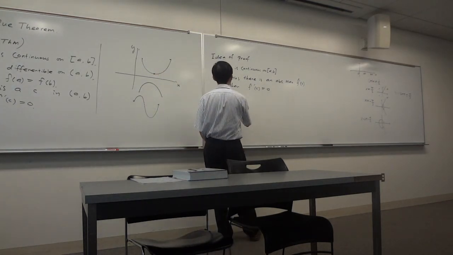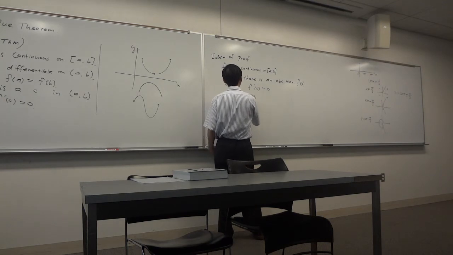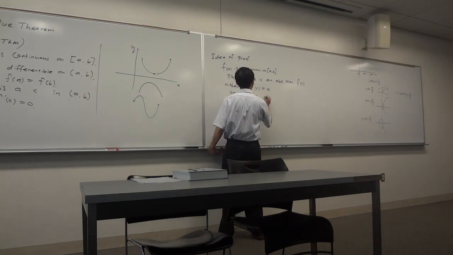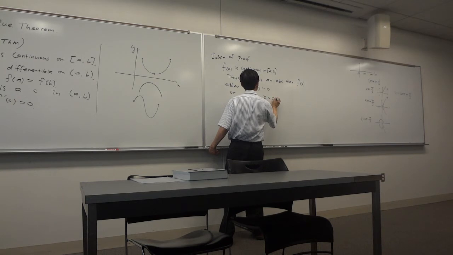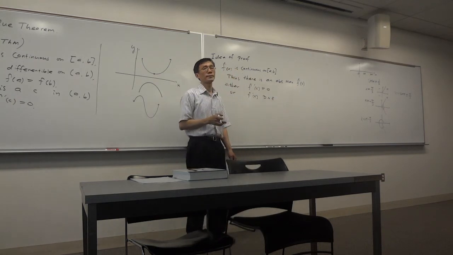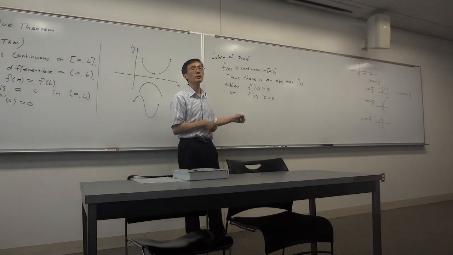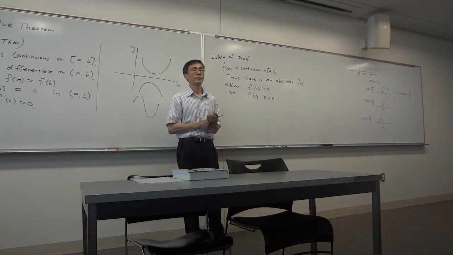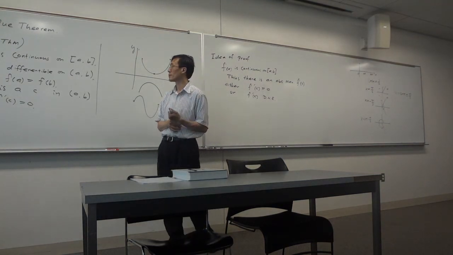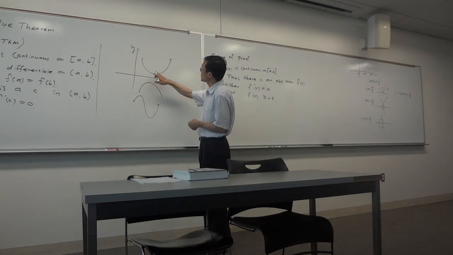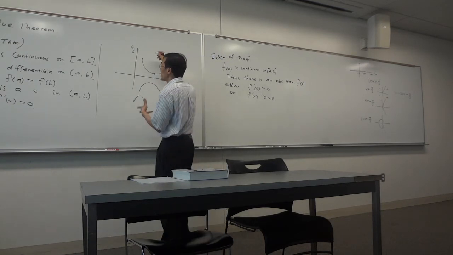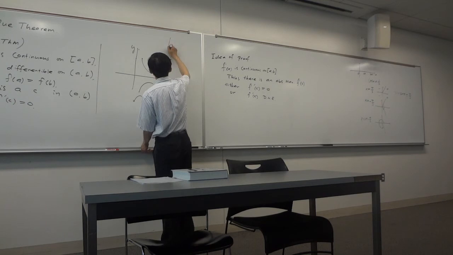Or what else could be true? f'(c) does not exist. How do you deal with that? Could that happen? Or you can actually draw a picture for which f'(c) does not exist.